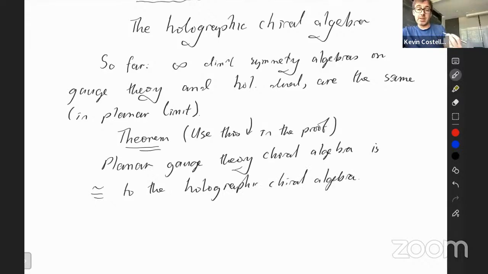So we'll be able to show that we can match all of the OPE coefficients, and in particular, all correlators.